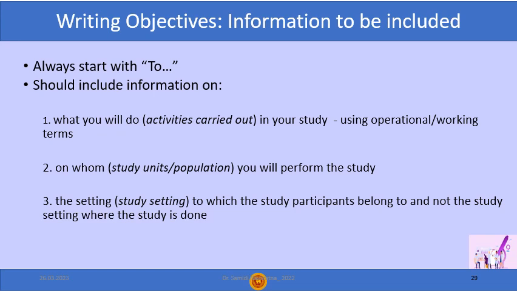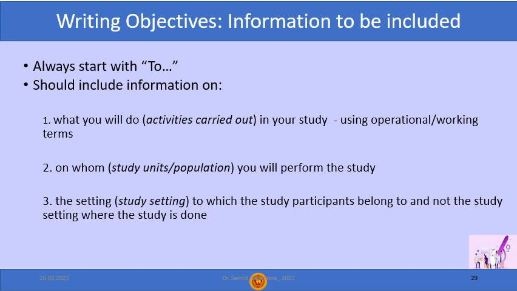Other than that, when writing objectives, you need to include this information. Make sure that you always start objectives by using to, and should include information on what you will do, that is the activities you will be carrying out in your study.